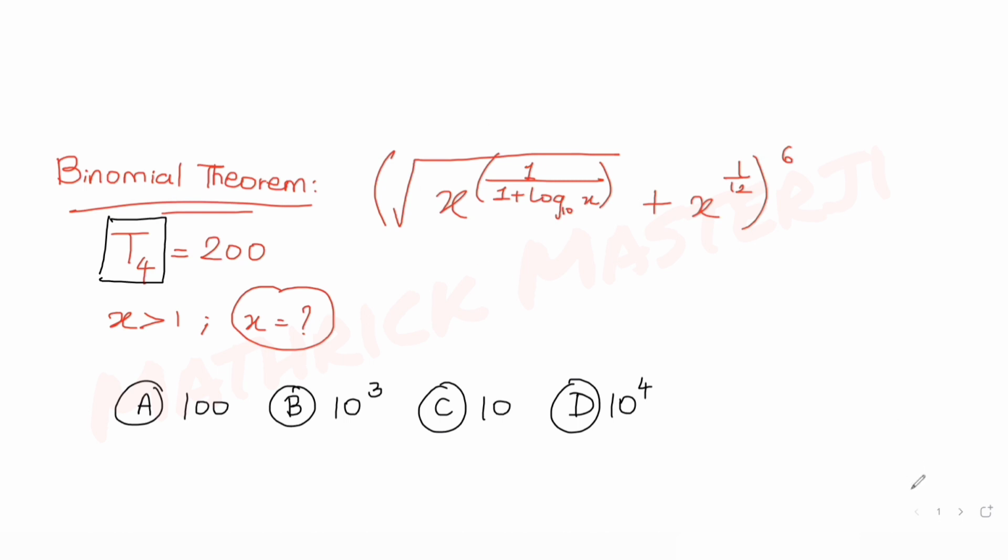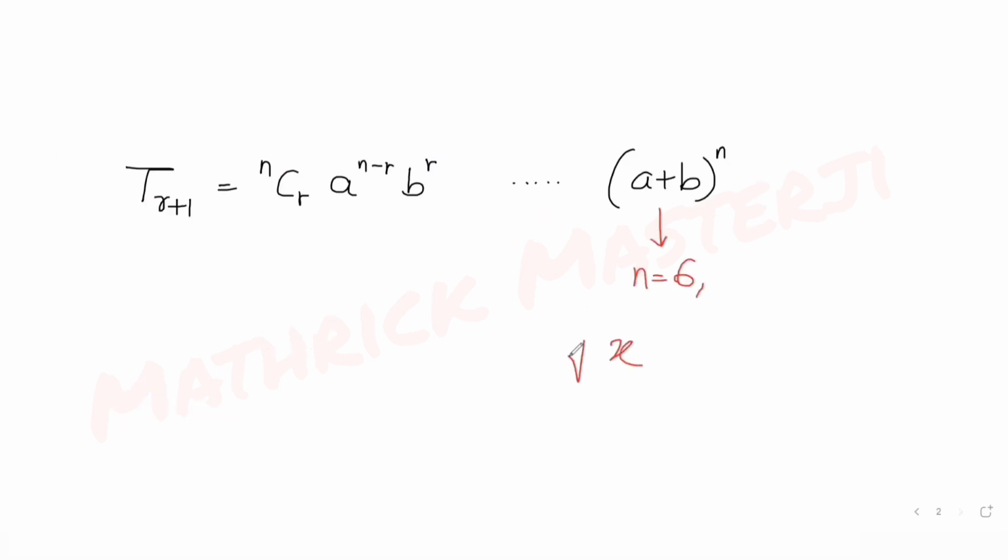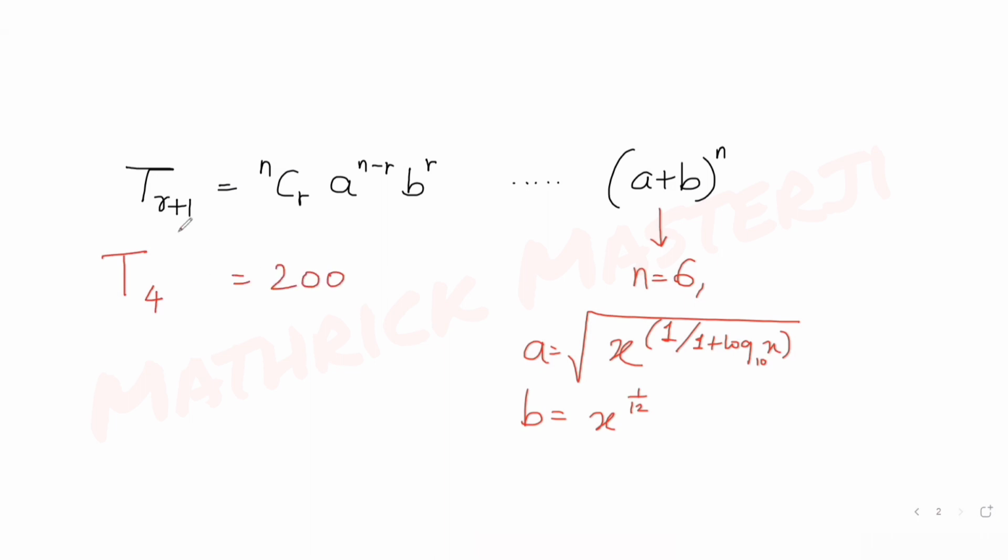Then a is root of x raised to 1 upon 1 plus log x to the base 10, and b is x raised to 1 by 12. These are our values of a, b, and n. For r, we have been given that the fourth term is 200. Comparing r plus 1 with 4, r is nothing but 3.